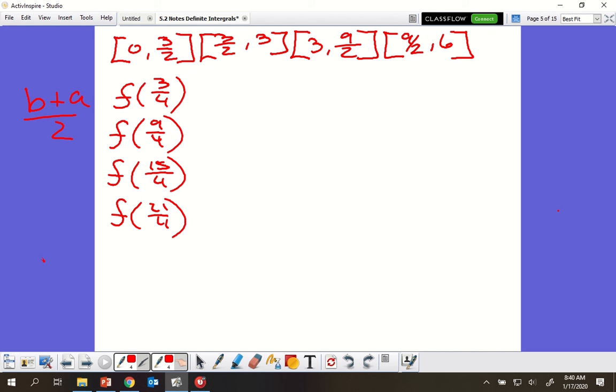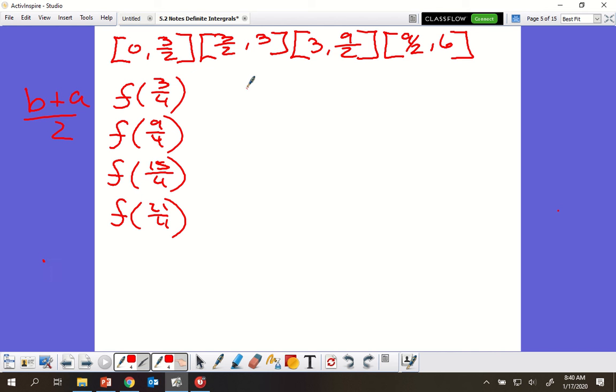Okay. All right, so we have our values now. So now for my intervals, I know I'm going to have a delta x here, right? And my delta x, is my delta x still the same? Yes. Delta x is the same because that's my interval length, right? That's the width of every interval. So my formula is going to look like this.